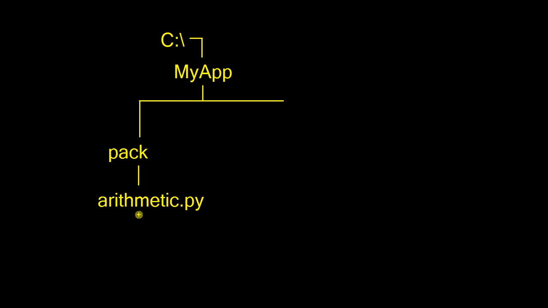In this module, I'm going to create two functions. One is addition function and one more subtraction function. These functions I'm going to access in another module. The module name is test.py.